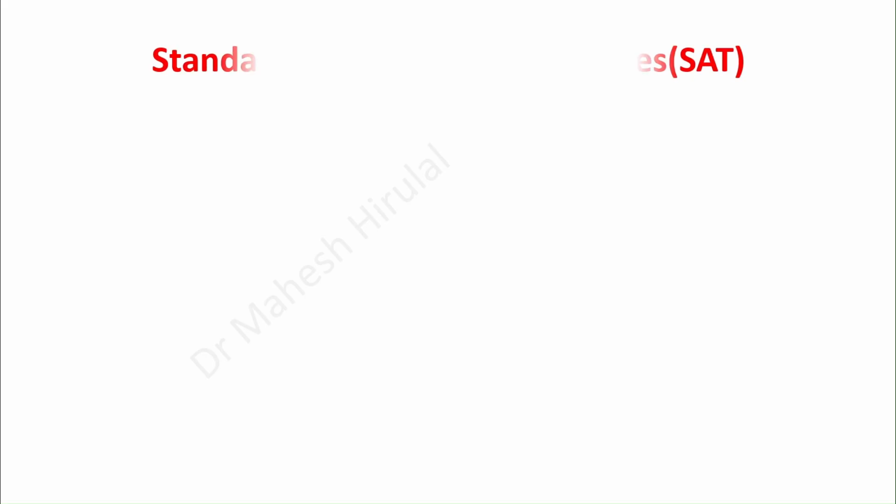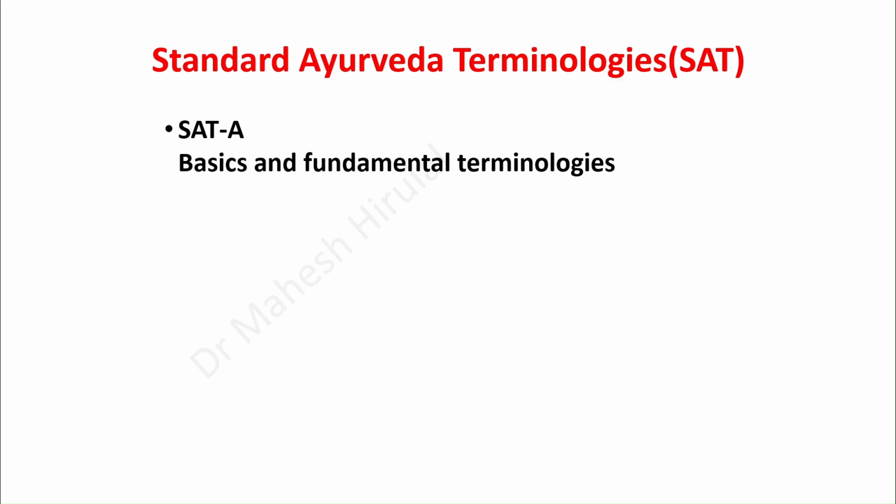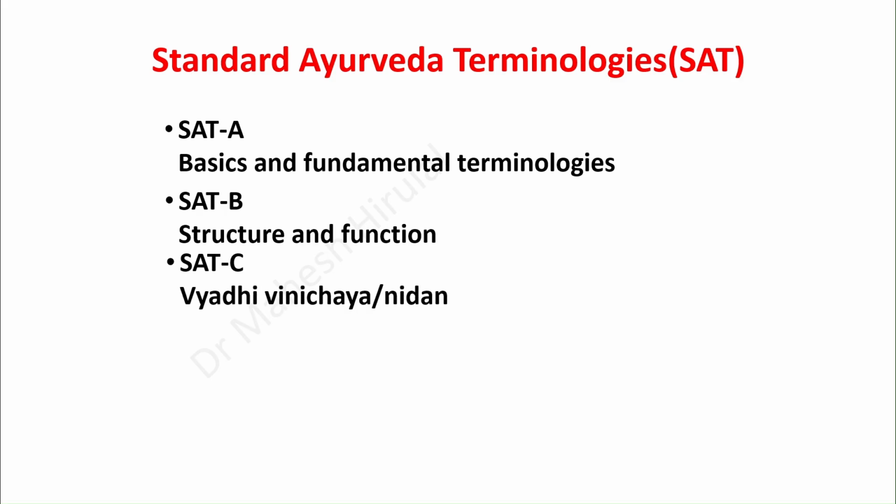The standard terms section of the Namaste portal is divided into 10 main categories known as SAT-A to SAT-J. SAT-A covers the basics and fundamental terminologies of Ayurveda. SAT-B focuses on structures and functions of the body. SAT-C is dedicated to Vyadhi Vinishchaya and disease identification.